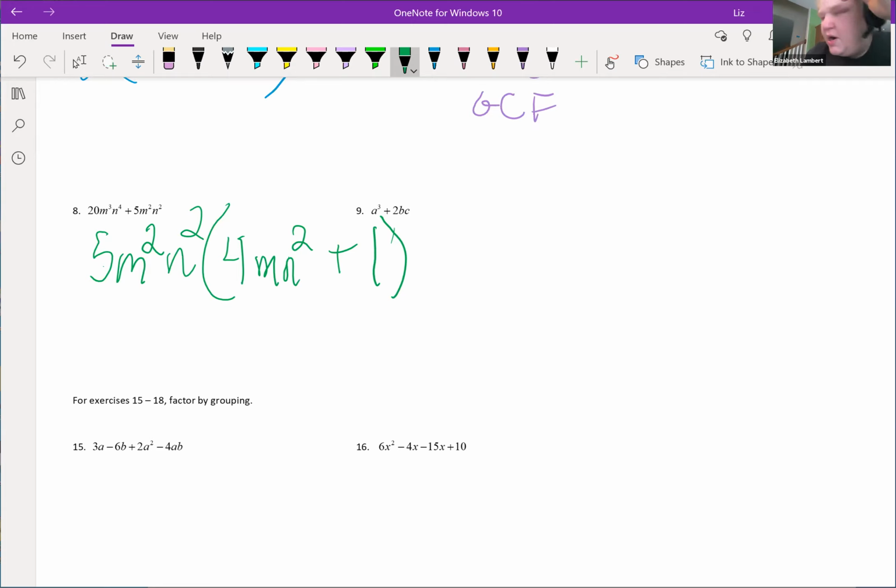And then number 9, trick question. A to the third plus 2bc. Now this doesn't mean that there is no greatest common factor. It just means that the greatest common factor is rather boring. So what is the one number I can always multiply by or divide by and not change the value?